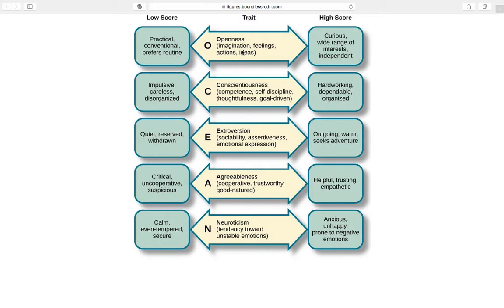You can compare and contrast the Big Five Factor Model to other theories and look at the similarities and differences. You can research these traits individually in more detail.